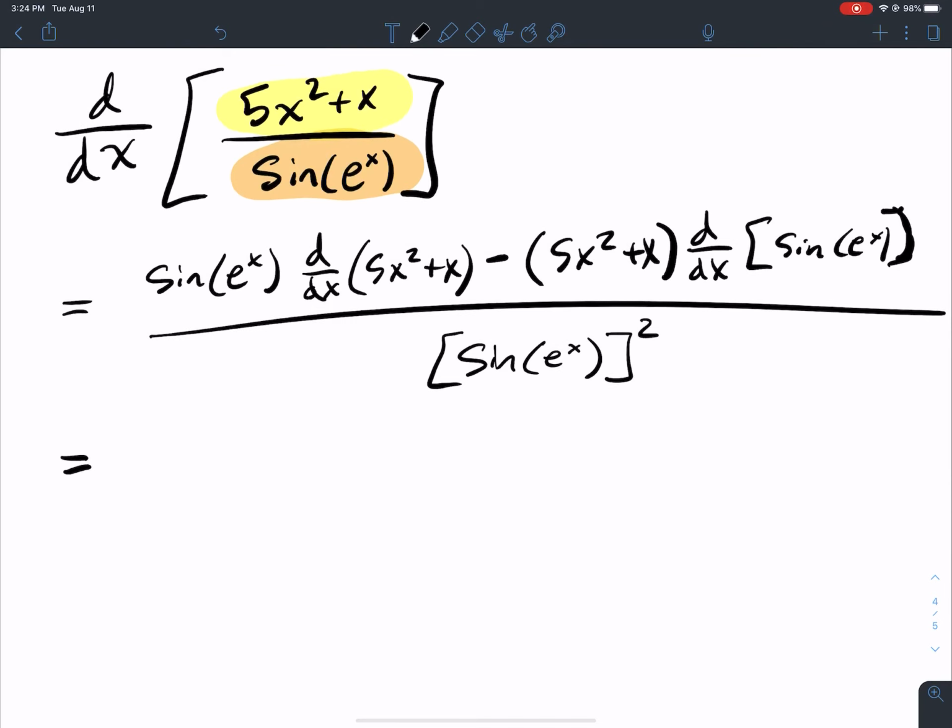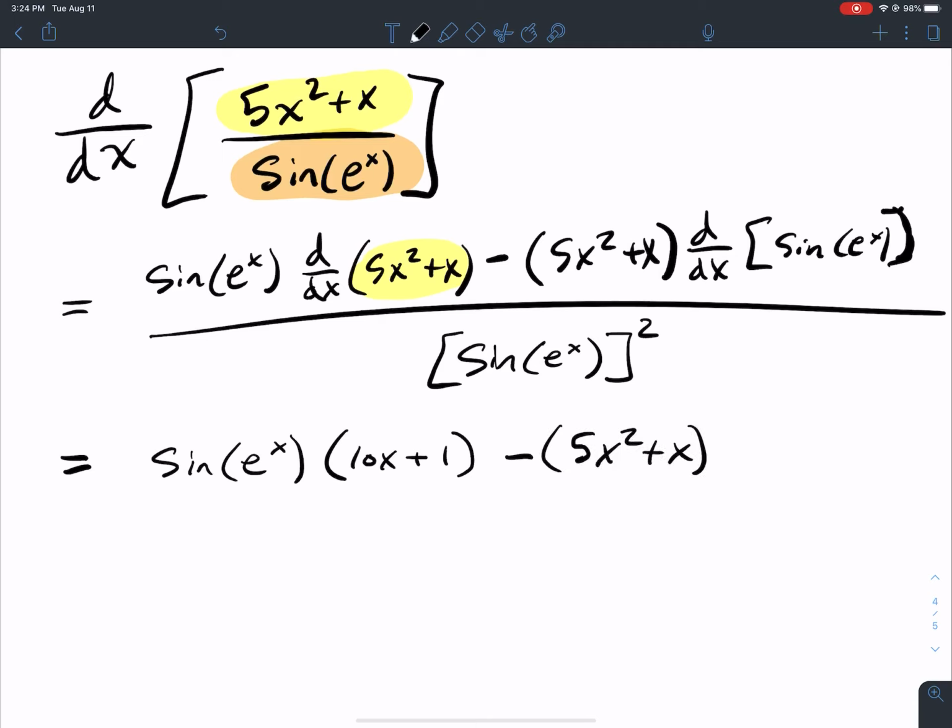If I simplify this, the derivative of 5x squared is 10x. Derivative of x is 1, minus, and then I have parentheses 5x squared plus x times the derivative of sine of stuff.